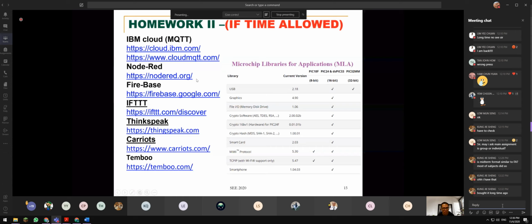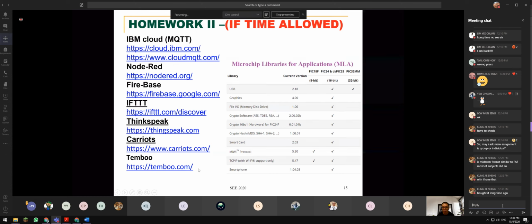All my students love it. All my FYP students love it, because it's quite straightforward and easy. And then we look into Firebase and IFTTT, and some cloud suppliers like ThingSpeak, Carriots, and Tamboo. All these things you just touch and go if you have enough time.